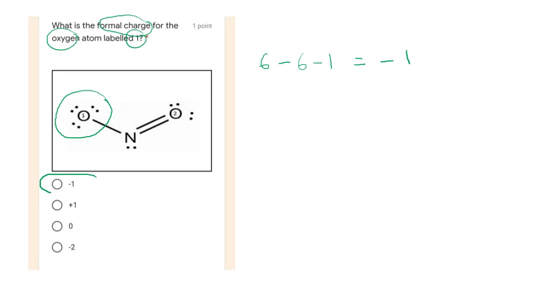So the answer is -1, or another way like what I draw out here: 6 minus, in this circle we have 7 electrons, 1, 2, 3, 4, 5, 6 and 7. So I use the number of valence electrons, 6, minus 7, so I get -1.